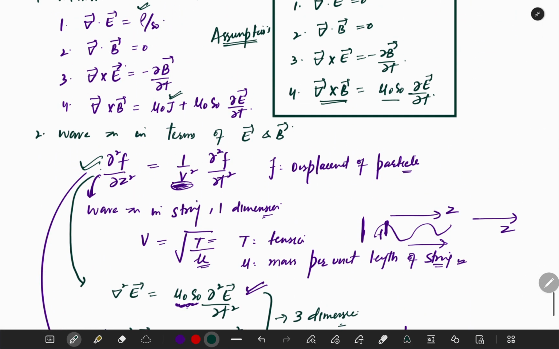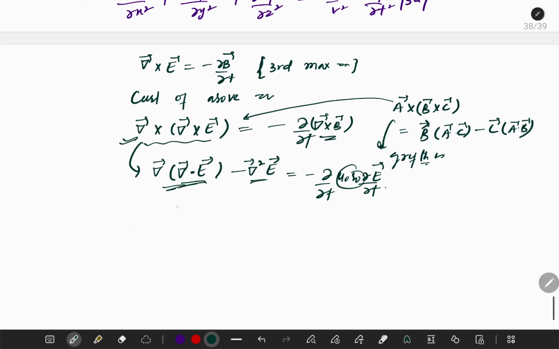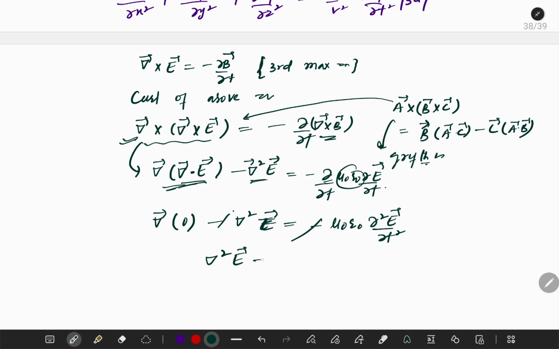One more thing: del dot of E is 0, so this part is 0, and we have minus del square of E equals minus mu 0 epsilon 0 dou square E by dou t square. Minus minus will go, which implies del square of E equals mu 0 epsilon 0 dou square E by dou t square.